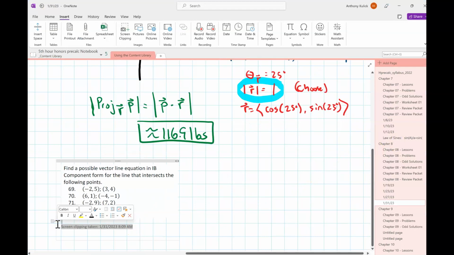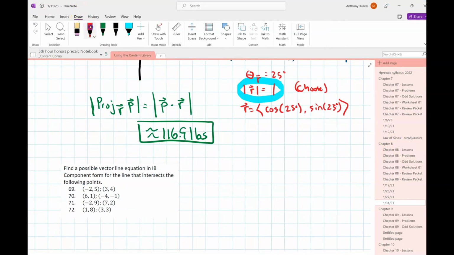Okay. So here it asks to find a possible vector line equation in IB component form for the line that intersects the following points. I underline possible here because there are infinitely many answers. The two things I need for this is a slope vector.